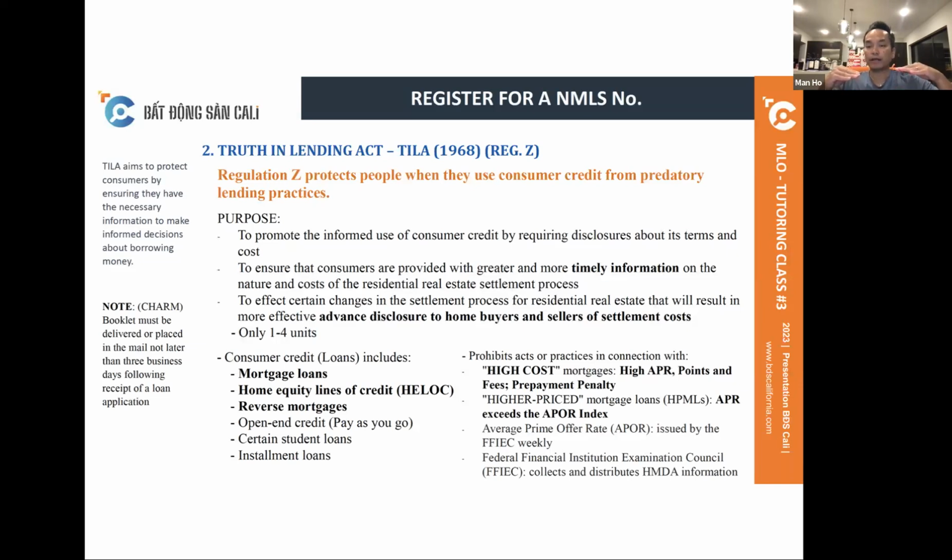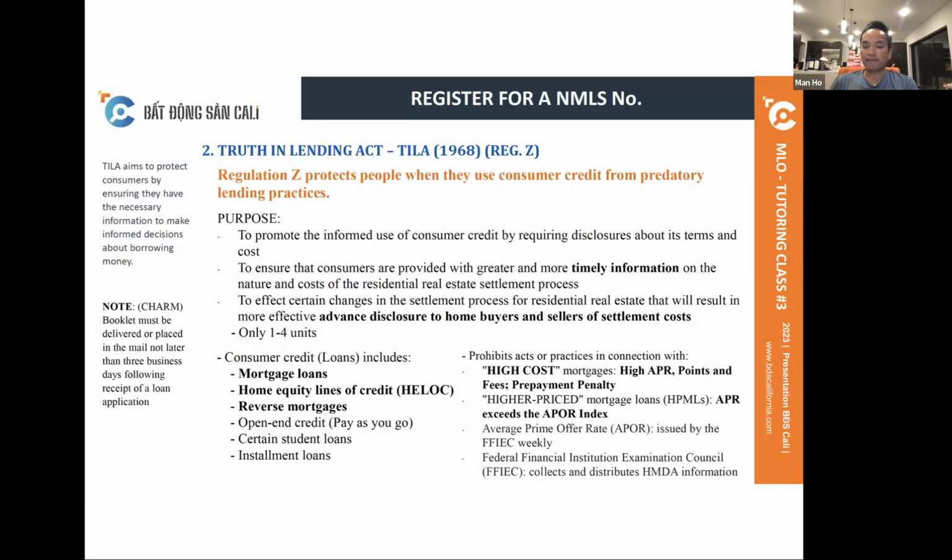Okay, but if your APR is 5.15, which is higher than the APOR index of 5, then your loan is considered a higher priced loan. Okay, so this is more like a category, categorized on what type of loan it is. Is it falling under the category of high cost, or is it falling under the category of higher priced? Okay, it could be a high cost and a higher priced loan too, right? Because if your APR is too high and it's higher than the APOR, then your loan is high cost, high price.